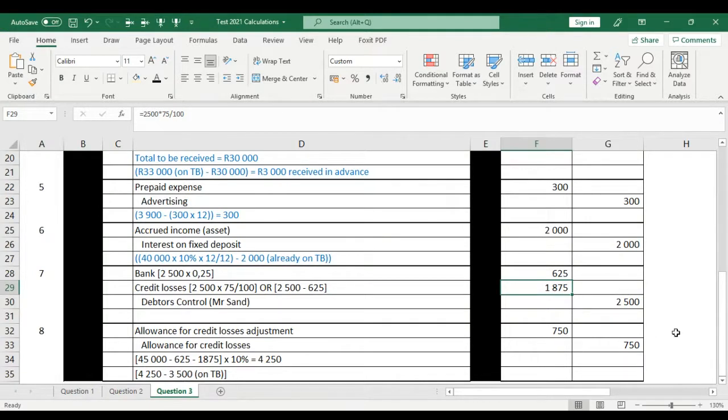Currently, it is 3,500 on your balance sheet, so that means we would increase the allowance for credit losses with 750, and then we would put an adjustment through in our trial balance as well, in our nominal accounts, which we call allowance for credit losses adjustment of 750 Rand.